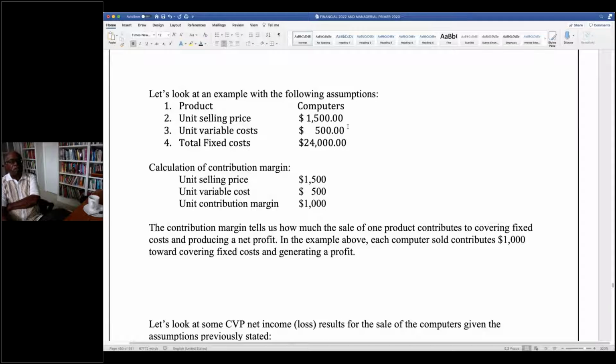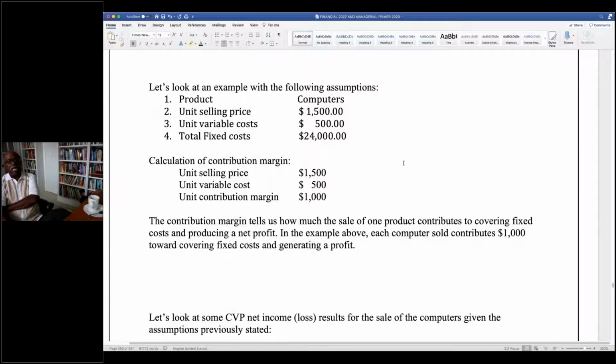Their variable costs are $500. Total fixed cost is $24,000. Then you got to be able to determine how many units will cause the company to lose $100,000, how many cause it to break even, how many cause it to make $1 million, as we move into a planning mode. And you will have to make the same calculations for your product.